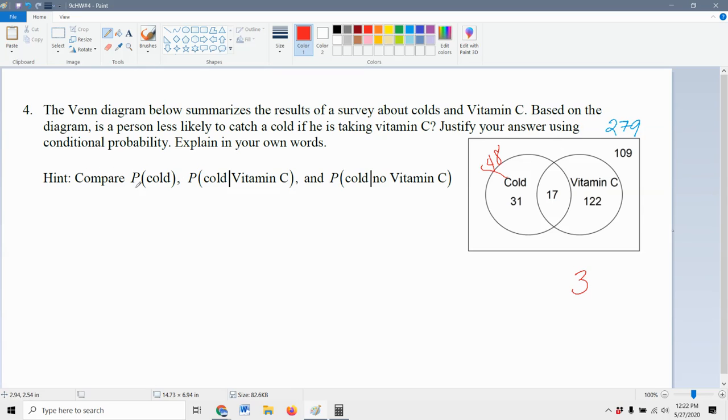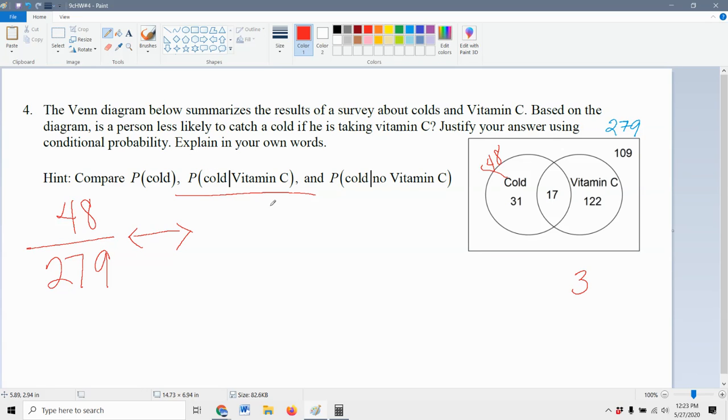So if we're looking at the probability of having a cold, we want to take that 48 that have a cold divided by our total number of people in our survey, which is 279.